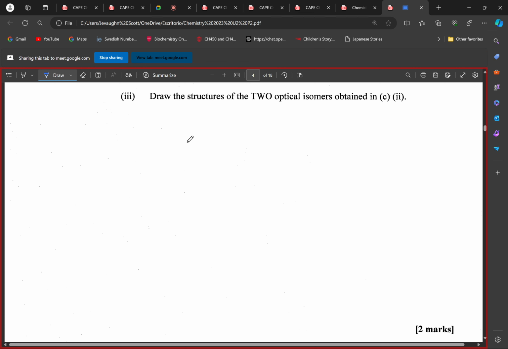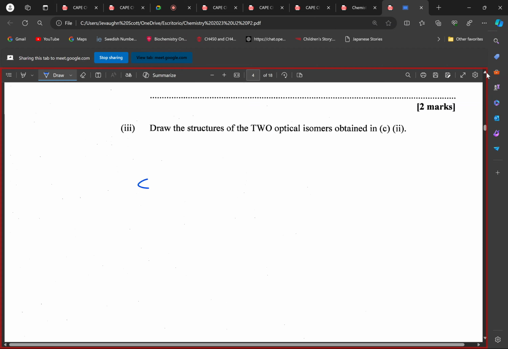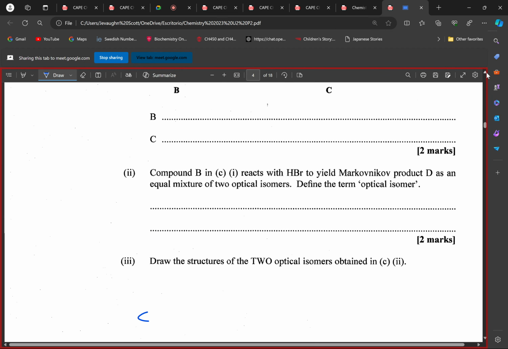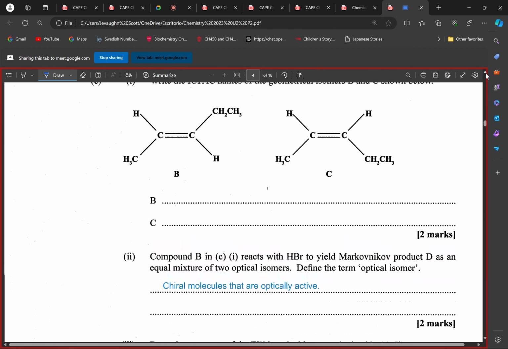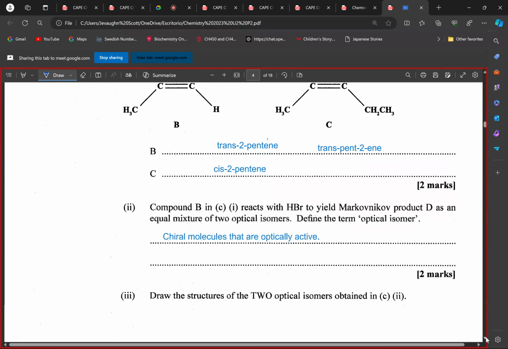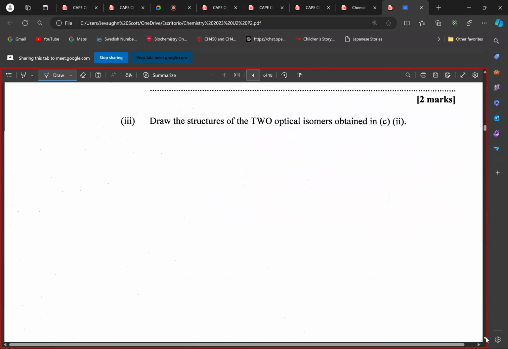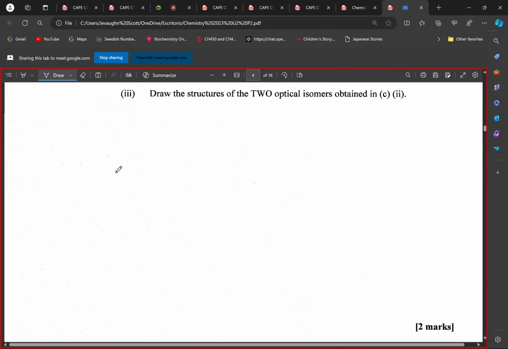Can you go back to the image, please? One more time. It's pentene. That's the molecule. All right, so let me start drawing now. We're going to have two different things, right?